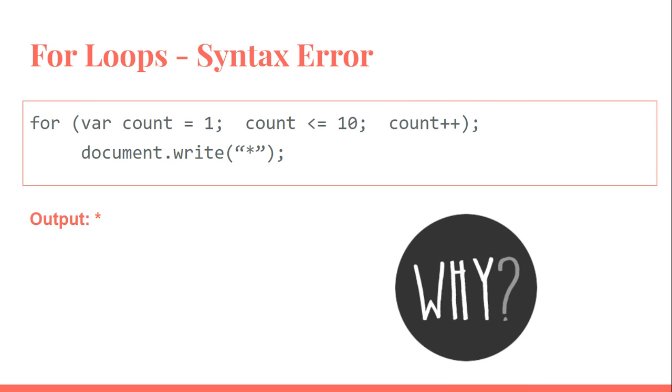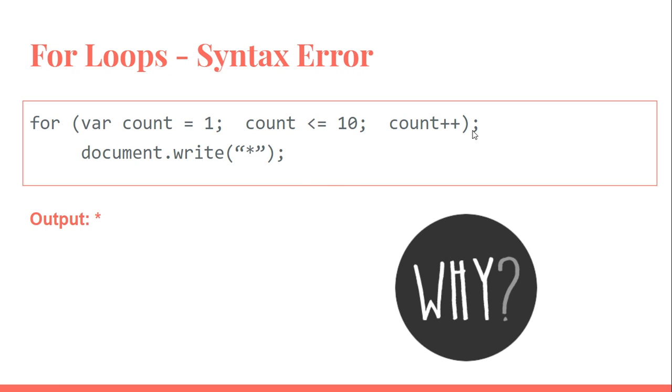So here's an example where we say var count equals 1, count less than or equal to 10, count++, document.write. It certainly looks like I'm going to start at 1, I'm going to go up to 10 by 1s, that I should get 10 stars output. But the output of this program is only 1 star. Why?